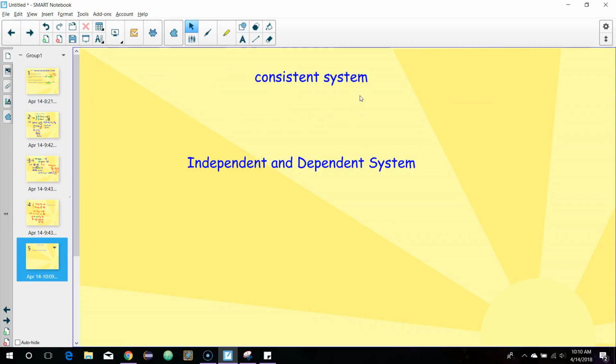So somewhere along the line, you may have to check whether it's consistent or inconsistent. And after that, we can talk about what is independent and what is dependent. So this is really not too bad. It's going to last the next 2 minutes. An independent system has only one solution.